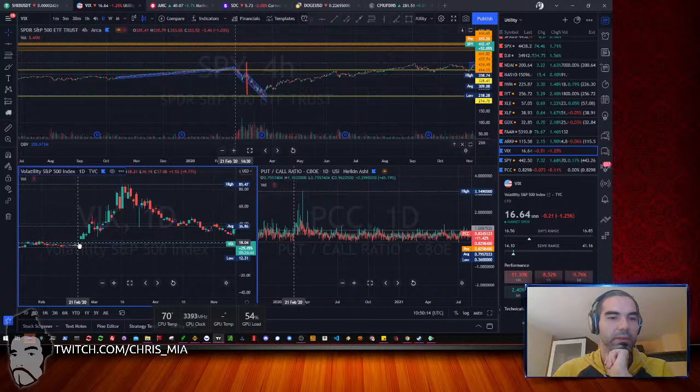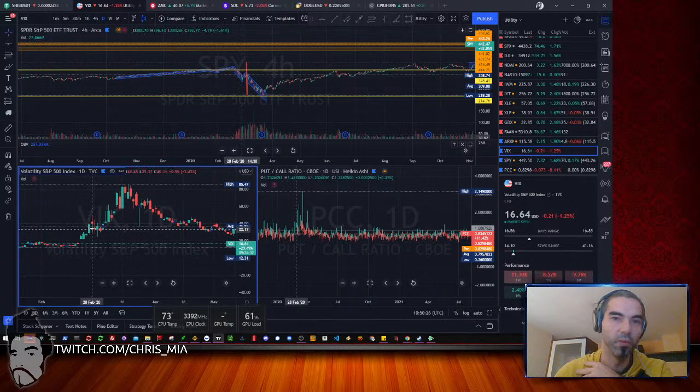Next, we saw a negative red candle on the VIX, but it did still go down further. And then finally that jump, which escalated our downward trend. So I would always be watching and be cautious over the 20 mark, and specifically if it gaps up over 20 very quickly.